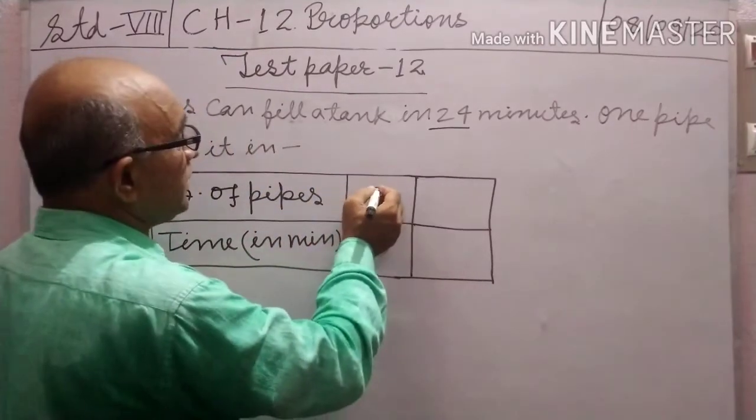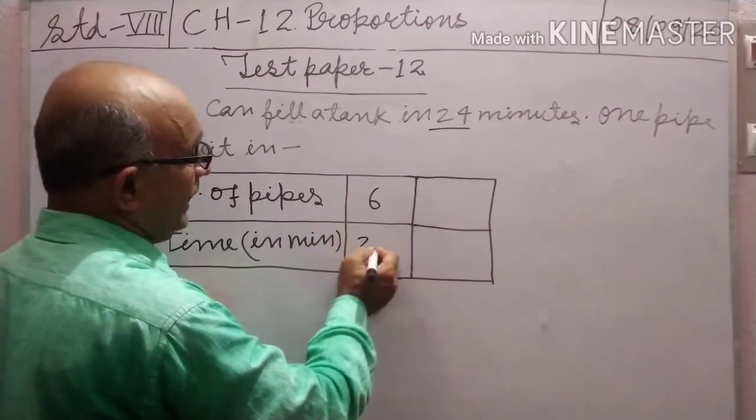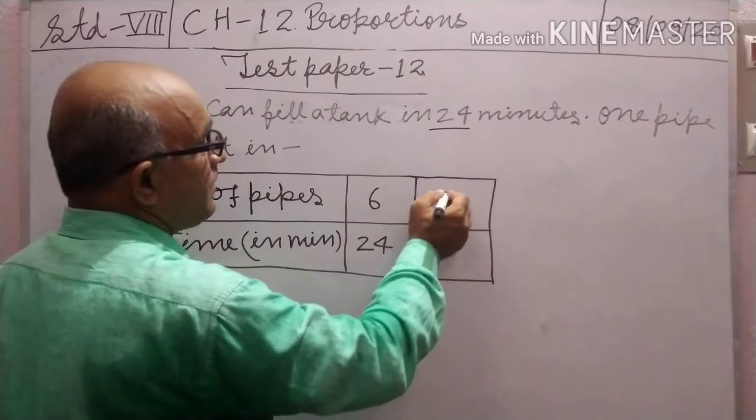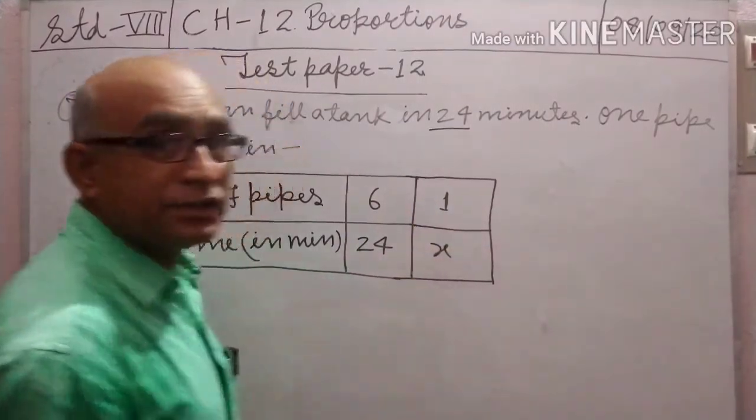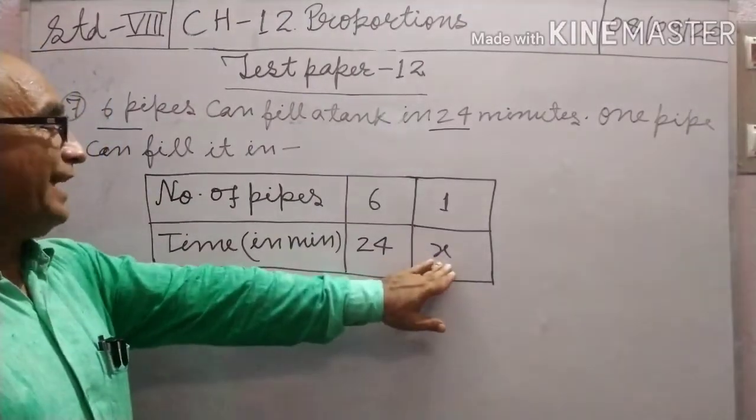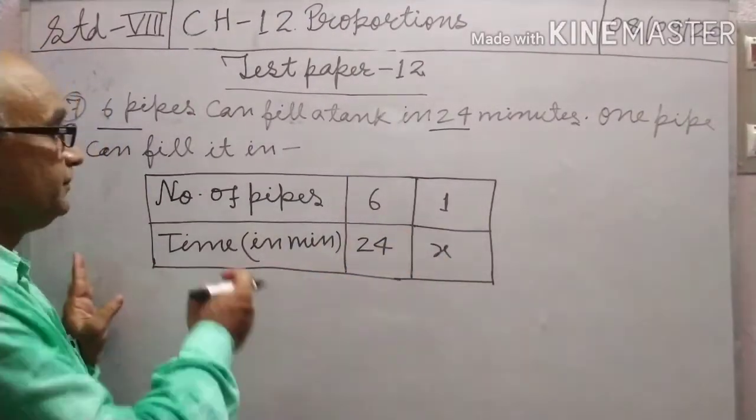Number of pipes is 6, time taken 24 minutes. Number of pipes is 1, time taken, let x minutes be the required time.